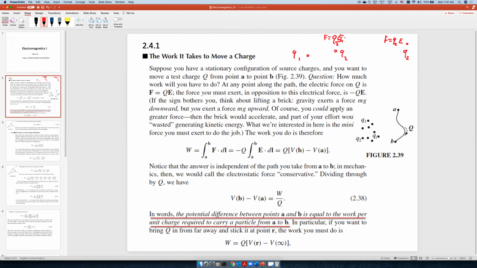So E is changing, but Q2 doesn't change from one position to another.